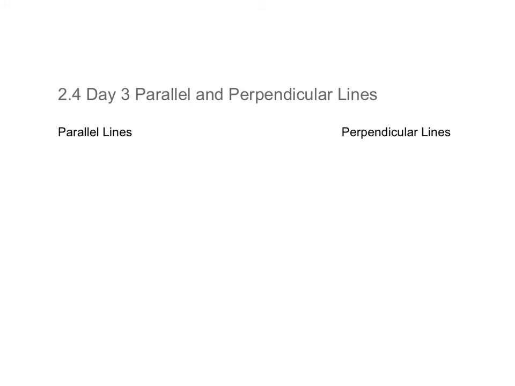Alrighty, so the last day of this first part of Unit 1 before we take our test is about parallel and perpendicular lines. You may remember this from Algebra 1, but if you don't, that's okay, I'll remind you. Just a recap: parallel lines, pretend those are parallel.